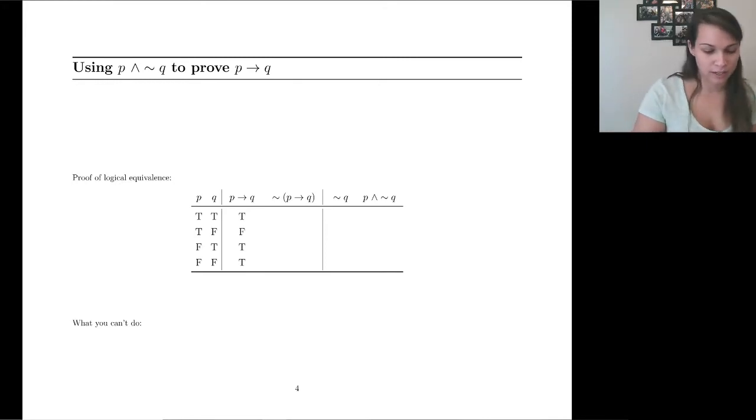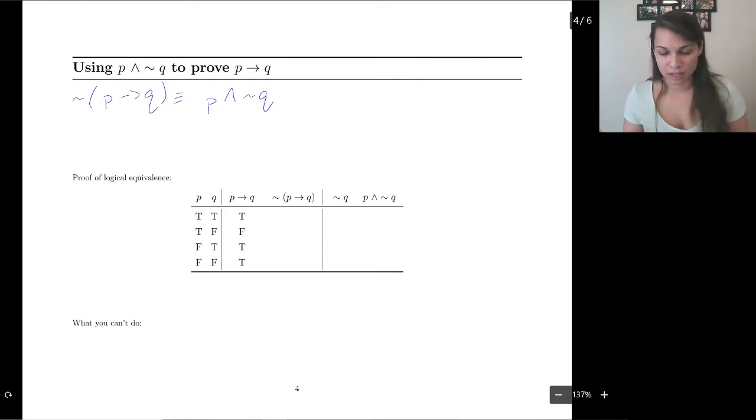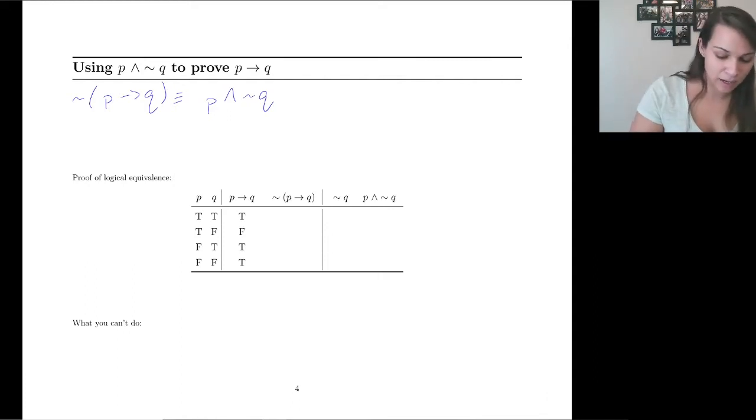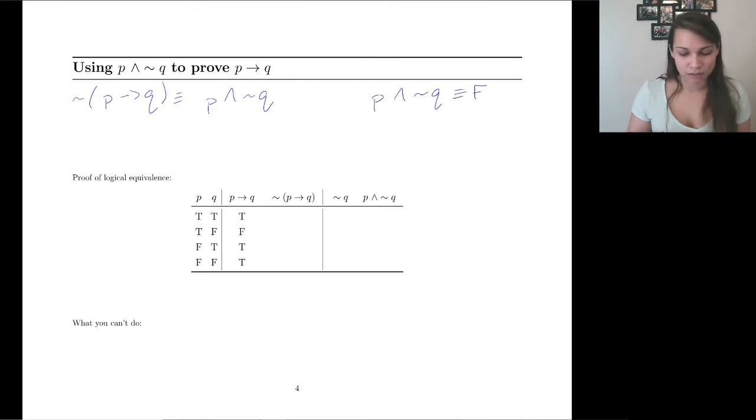What we're going to utilize is the fact that not (P then Q) is logically equivalent to P and not Q. Because if P and not Q ends up being false, for one of the reasons we discussed on the very first slide, maybe we get something that implies P is no longer true, and we're like, but we assumed P was true.